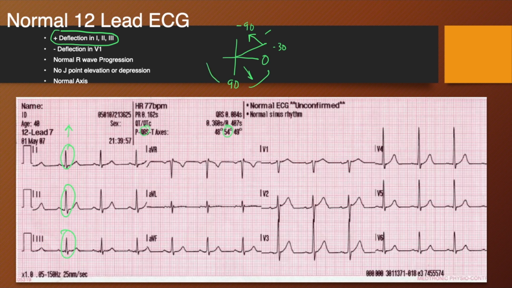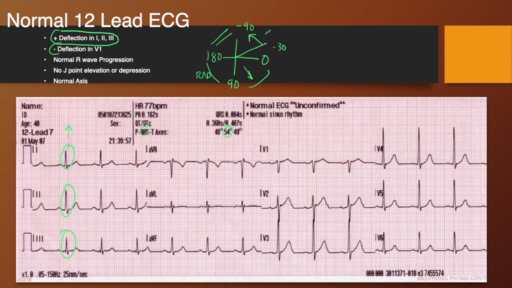Over here, from 90 to 180 is considered right axis deviation, and right up in here is the right shoulder axis deviation. This is a quick way of identifying normal axis by looking at leads 1, 2, and 3 and having an upright QRS complex.